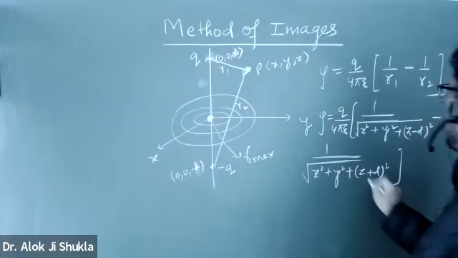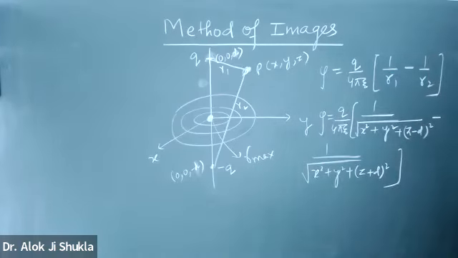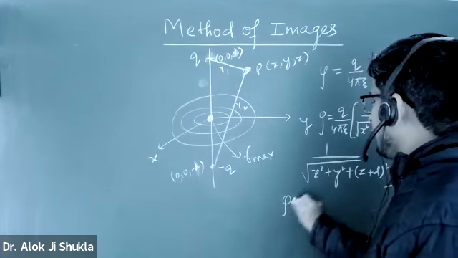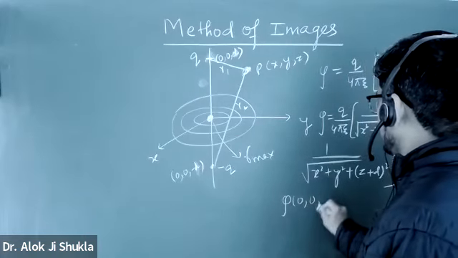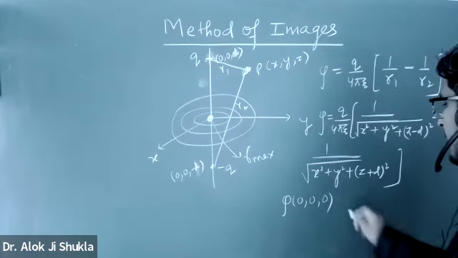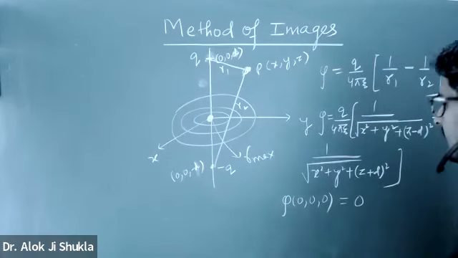So this was our purpose, that we wanted to calculate the potential. We got the potential. Is it okay? Yes sir. And please see, if I put phi at 0 comma 0 comma 0, I am going to get 0.